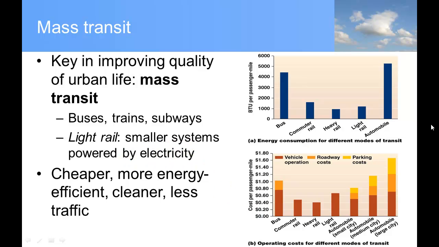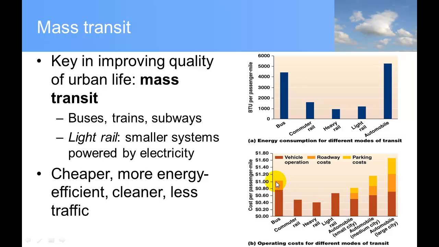As you can see from these bar graphs, compared to the automobile, buses, and other types of mass transit, these three other types of rails, commuter rail, heavy rail, and light rail, all use less energy per passenger mile, and they also cost less per passenger mile than the automobile does. You see, for example, one of the costs associated with the automobile is parking. Those costs don't exist when you look at buses or any type of rail transportation.